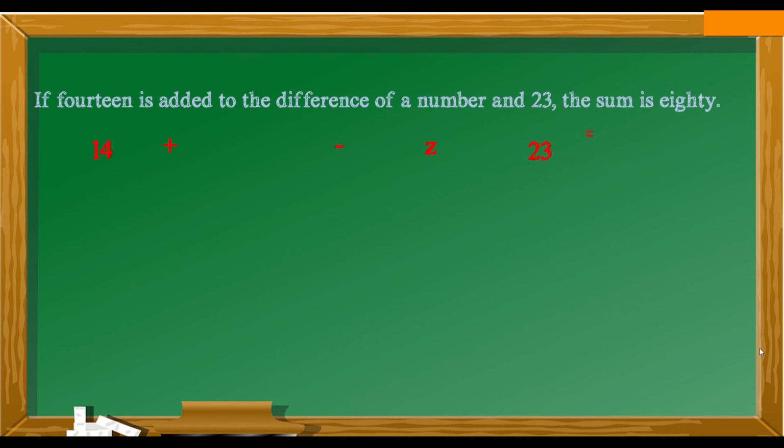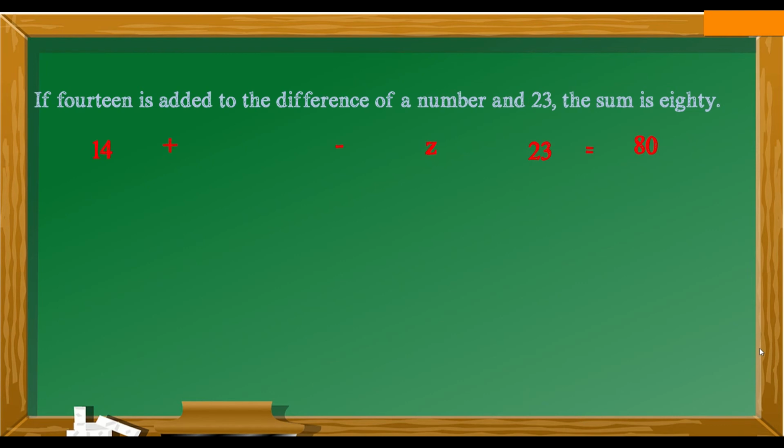The sum is 80. But if you are going to take a look at the equation formed, it is a bit odd. It's weird because we have 14 plus minus Z, 23 equals 80.